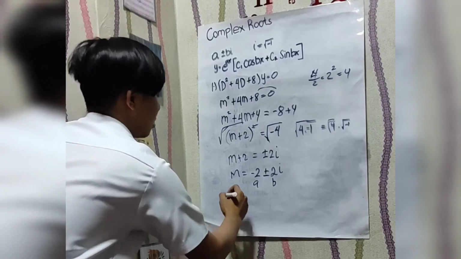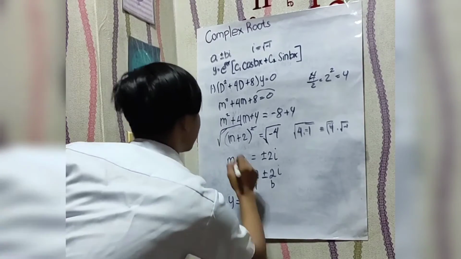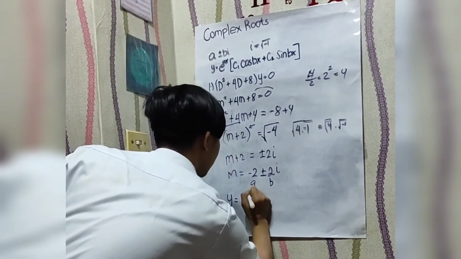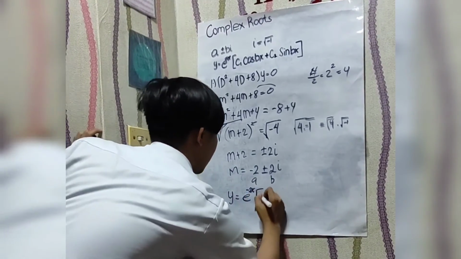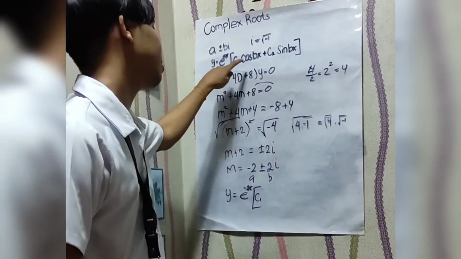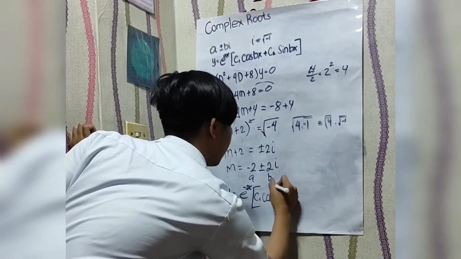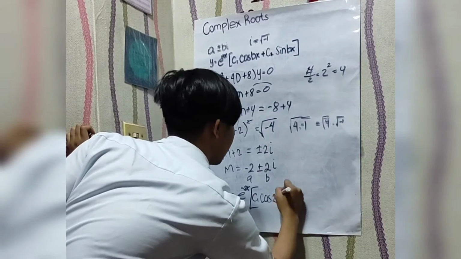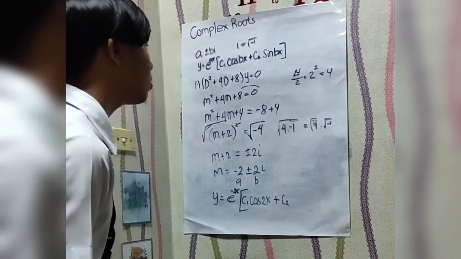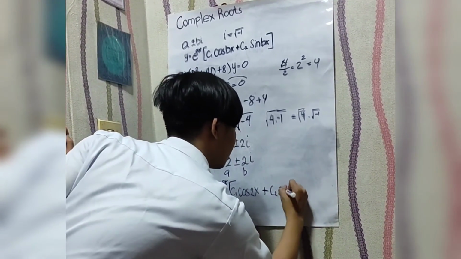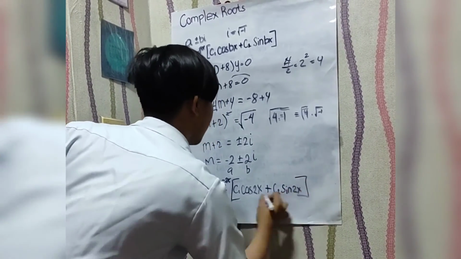So, magiging sagot po natin is y is equals to e raised to ax, which is a is negative 2, negative 2x times constant c1 cosine bx, and yung b natin is 2 din, cosine 2x plus c2 sine bx, sine, and yung b ulit natin 2x. Ano po yung sagot natin?